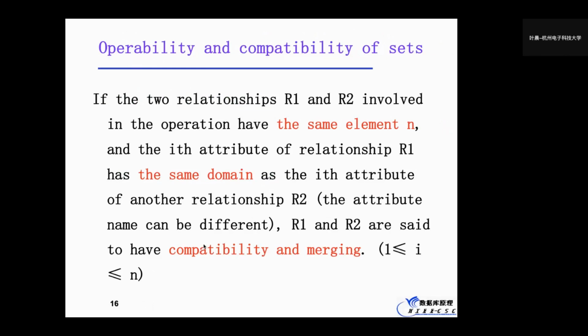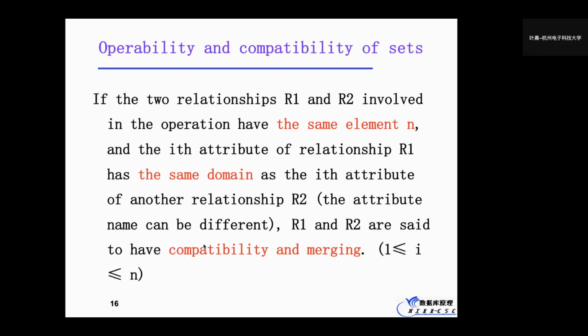So if the two relationships R1 and R2 involved in the operation have the same attributes N, and the i-th attribute of relationship R1 has the same domain as the i-th attribute of the other relationship R2, here their attribute names can be different, then R1 and R2 are said to have union compatibility.